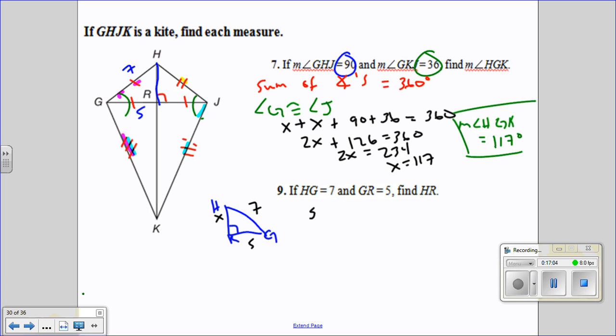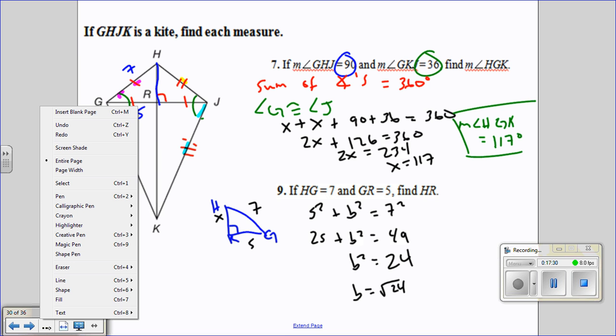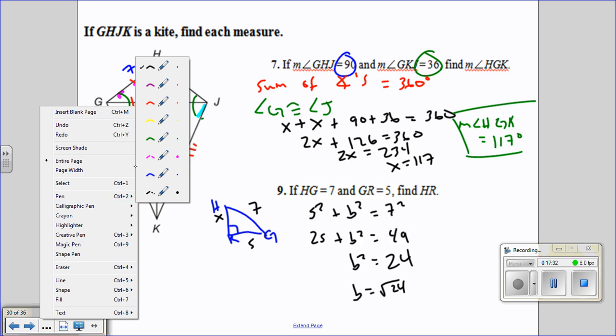So we know 5 squared plus B squared is equal to 7 squared, which is 25 plus B squared is equal to 49. Subtract 25, you would have B squared is equal to 24. And then take the square root of 24. Simplify it for the exact answer.